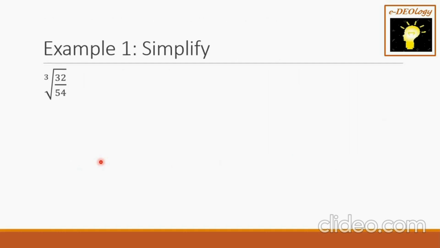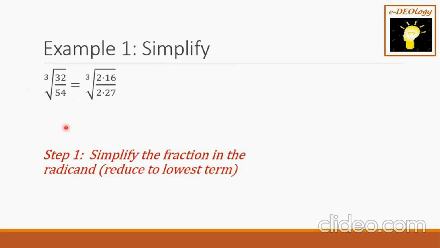Let's have some examples. Let us consider this example 1. Simplify the cube root of the fraction 32 over 54. In step 1, we need to simplify the fraction in the radicand, or simply we need to reduce the fraction to lowest terms.